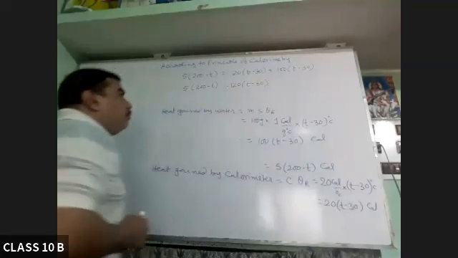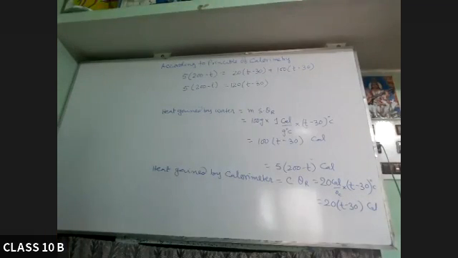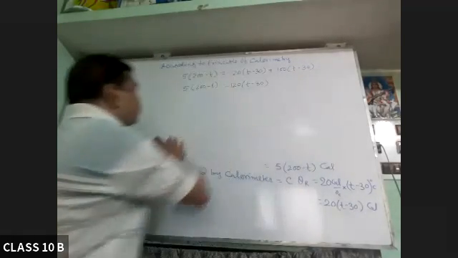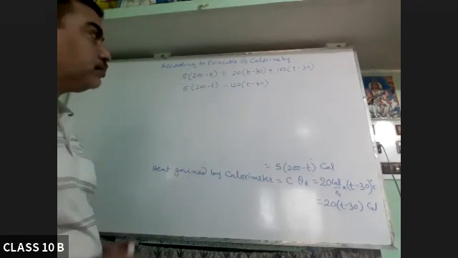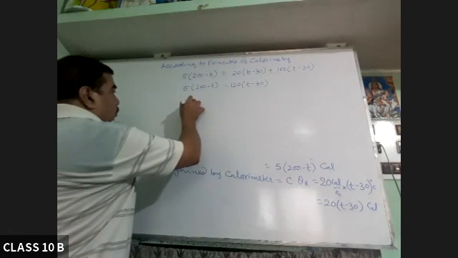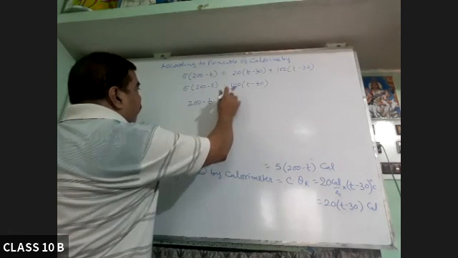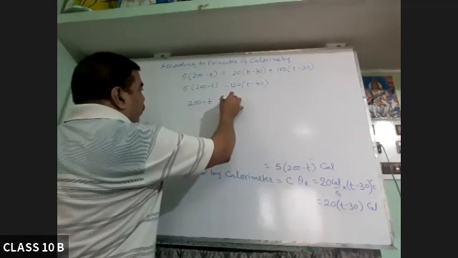Now you solve and get the value of this T. So 200 minus T, this 5 will divide, then how will it become? 24.